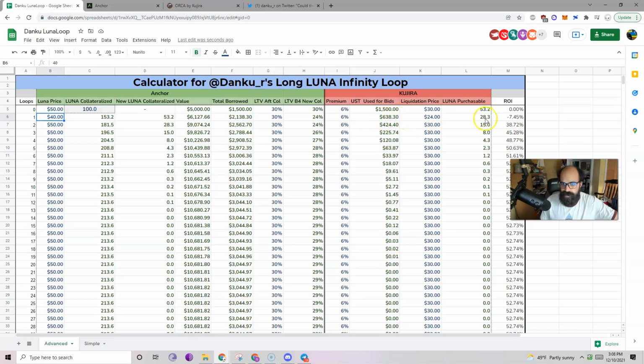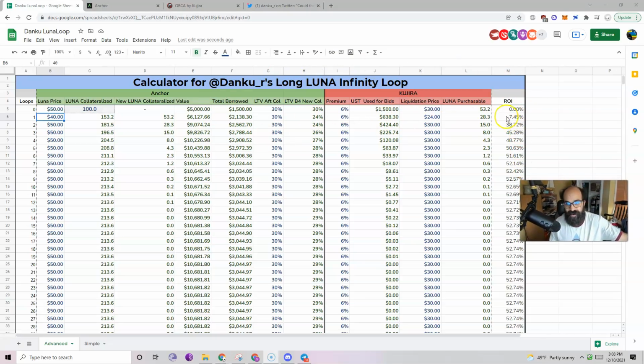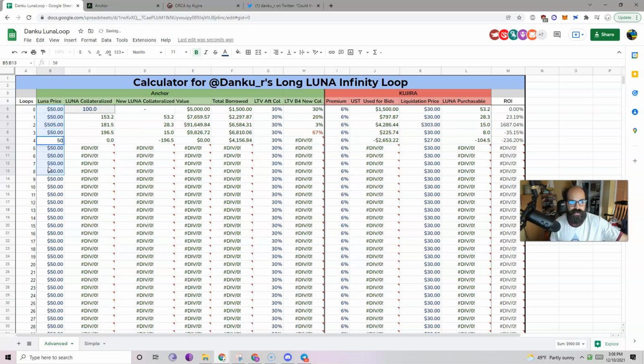And so each loop that you do this, you can see your ROI is negative initially if the price goes down by 20%, and you can play with this, right? If you want to do $45 and then $30 and then $45 and then 50, eventually you get back in the profit quite substantially. But I just keep this at 50 just so you can play with it all you want.